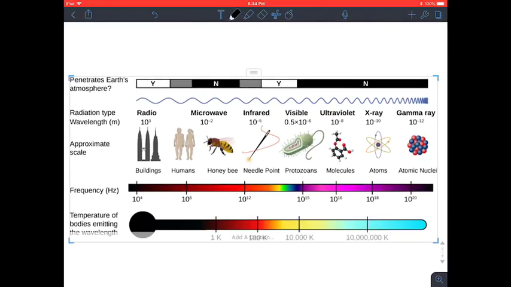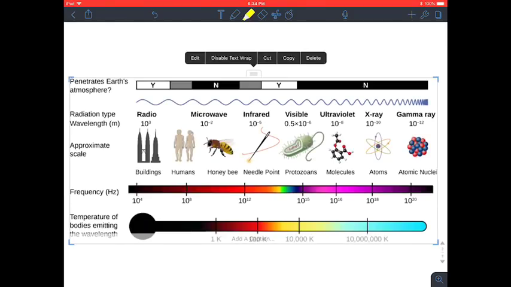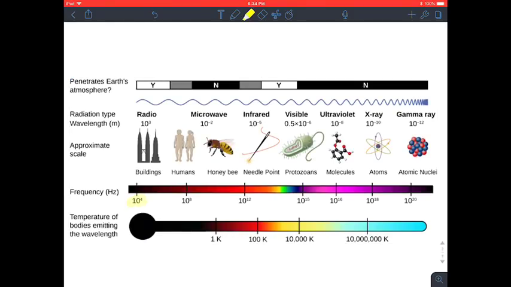Looking at some of these numbers, 10 to the 4 and 10 to the 20. 10 to the 4 means a 10 with 4 zeros after it. 10 to the 20 is a 10 with 20 zeros. So obviously our frequency is way bigger over here than over here.